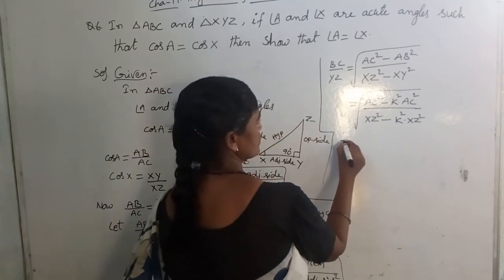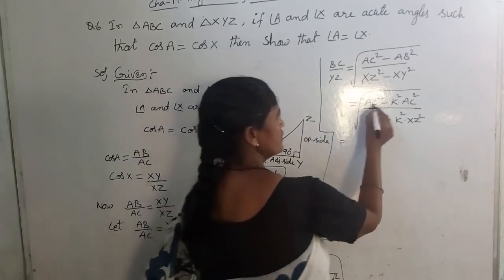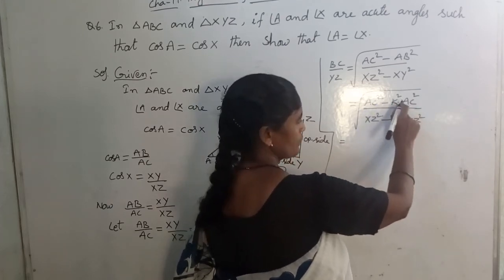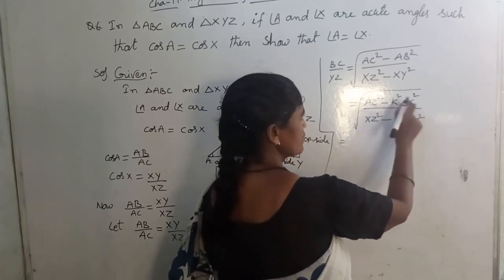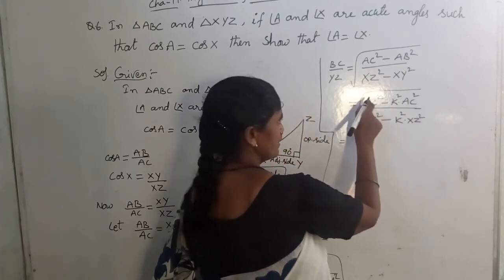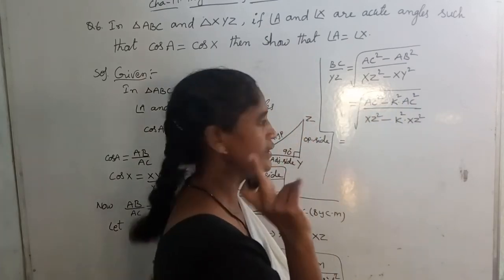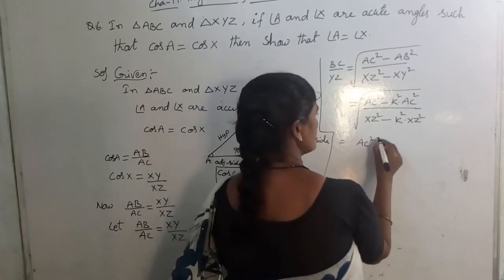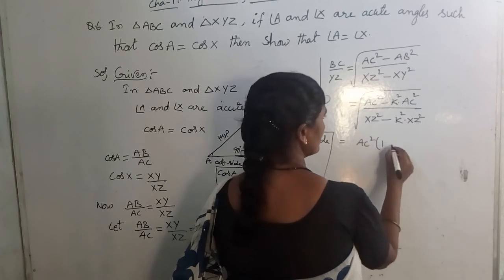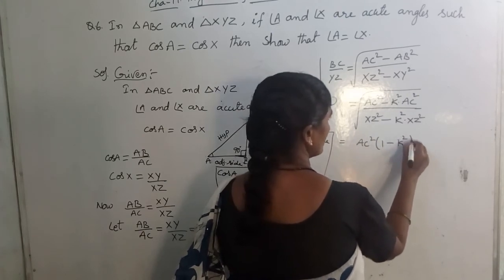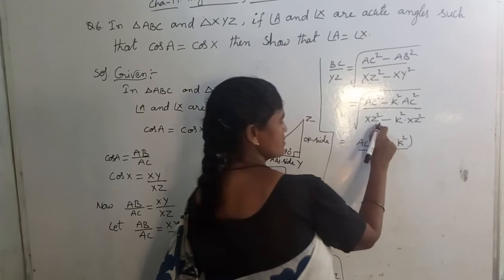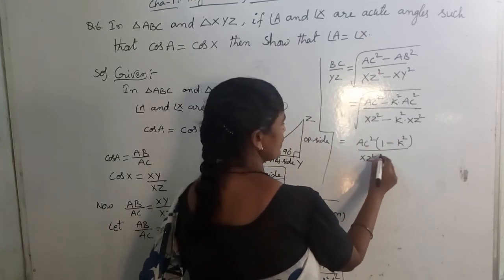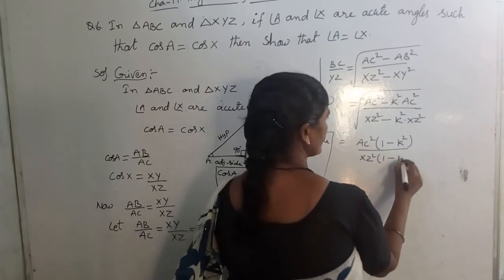So AC square, here also AC square is there. Between minus is there. After that K square into AC square is there. Means AC square we can take out as common. AC square quotient nothing is there, means 1. Here 1 minus K square, and XZ square likewise, quotient nothing is there, means 1, XZ square into 1 minus K square.